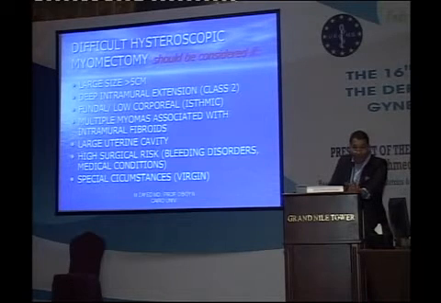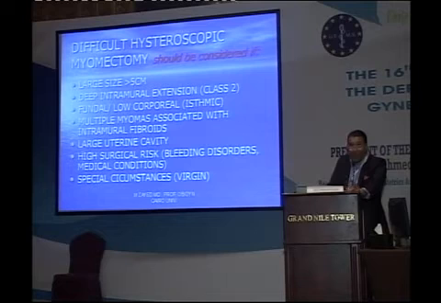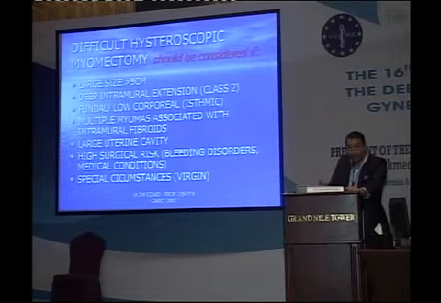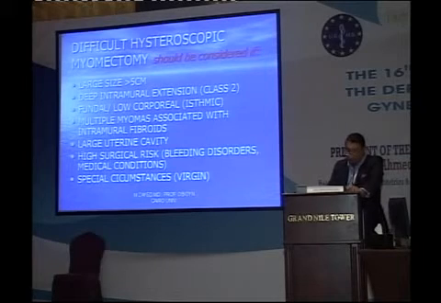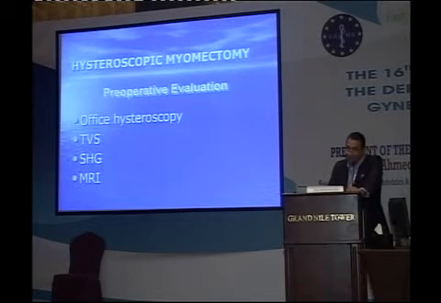Because if you have an intramural fibroid, the size of the cavity would be large, and if you have a large cavity of more than 12 centimeters, then probably you will not be able to have a good panoramic view, and you need to get very close to the myoma. Other factors are a large uterine cavity, high surgical skills needed, surgical risk for bleeding disorders, associated medical conditions, and also inversion, when you want to perform a hysteroscopic myomectomy without the need to disrupt the virginity.